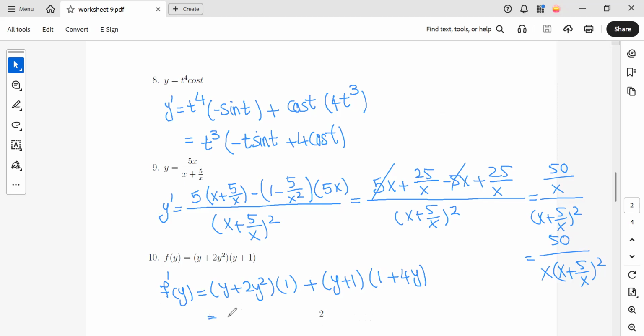And we can simplify somehow. It will be y plus 4y squared plus 1 plus 4y. Altogether, we would end up with 6y squared plus 6y plus 1.